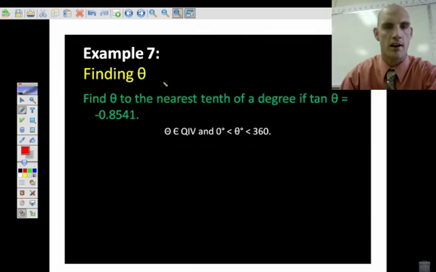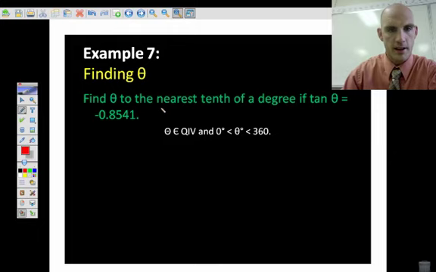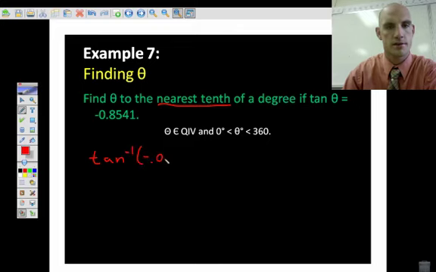Okay, and so let's try another one here. Find theta to the nearest tenth of a degree if tangent theta is equal to negative 0.8541. So once again, we're going to go inverse ratio of negative 0.8541, and that's going to be my theta hat.